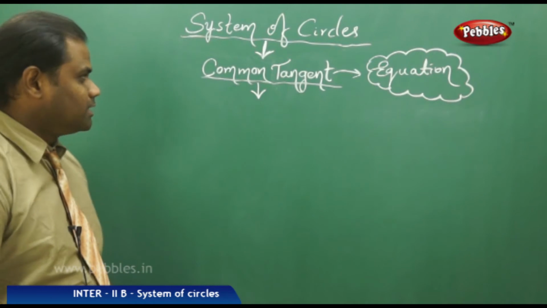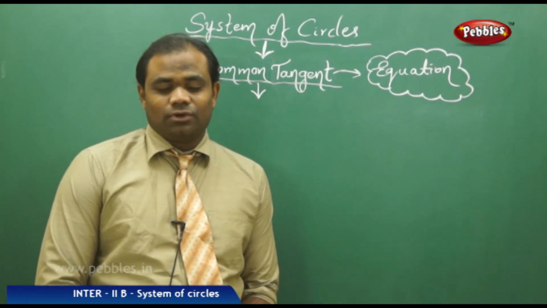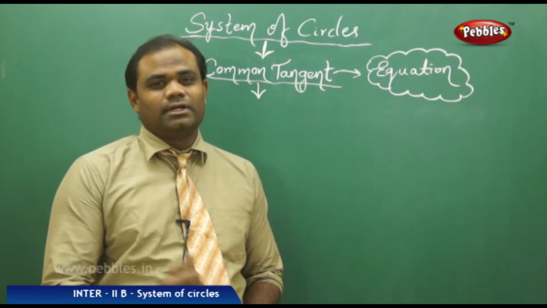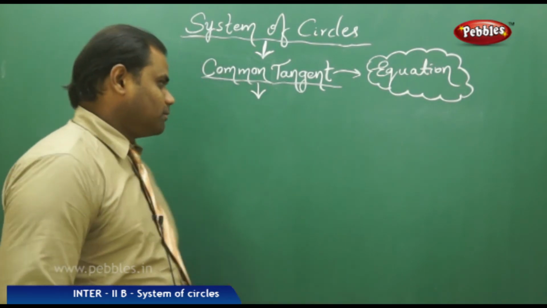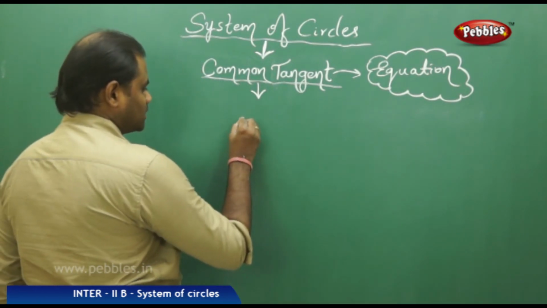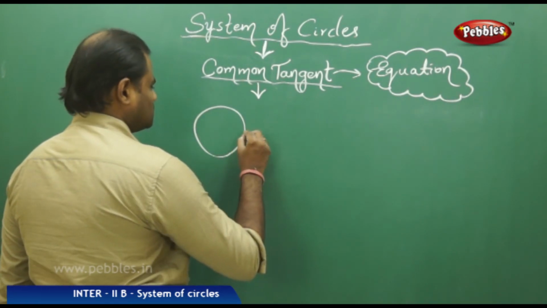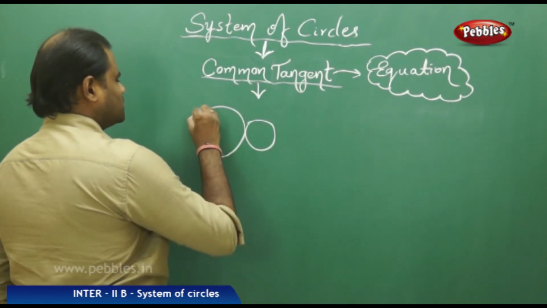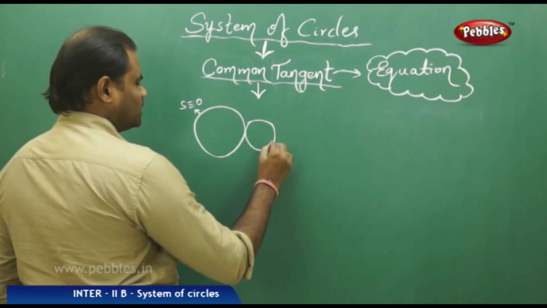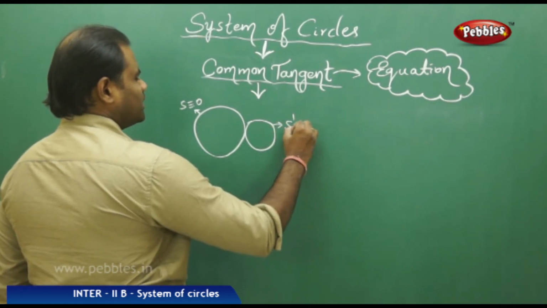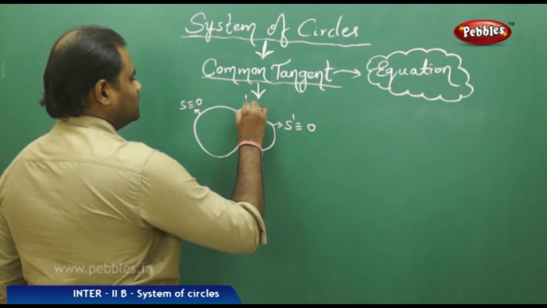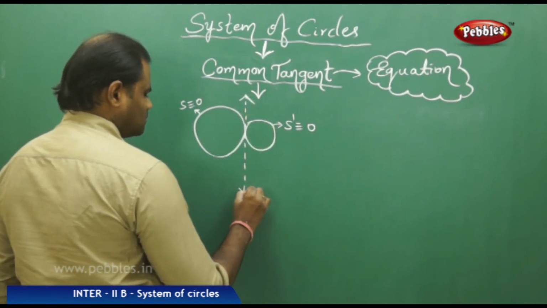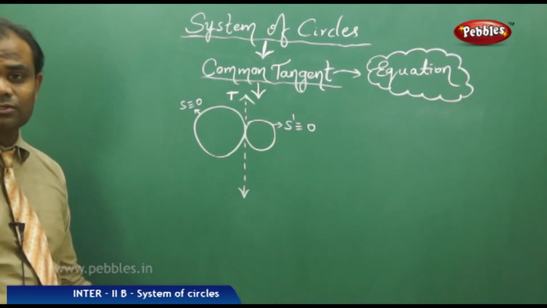Common tangent. Now let's see the equation of common tangent. As we all know, a common tangent is a tangent which acts for both the circles. Now if I have two touching circles, this given by equation S equal to 0 and this given by the equation S dash equal to 0, then this is the common tangent between the two circles.